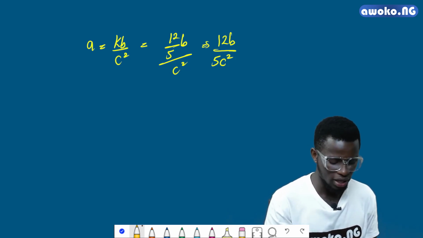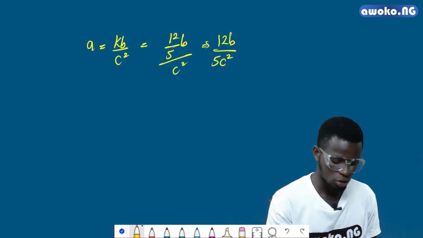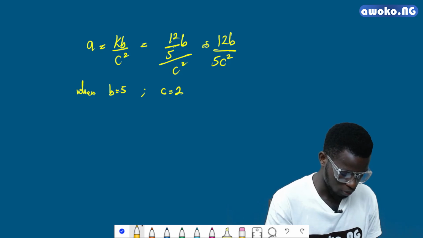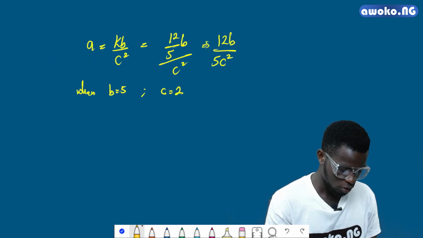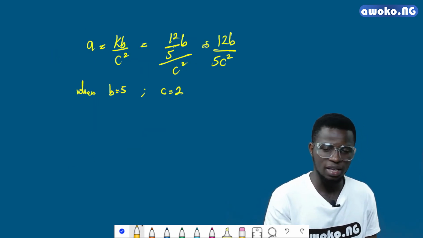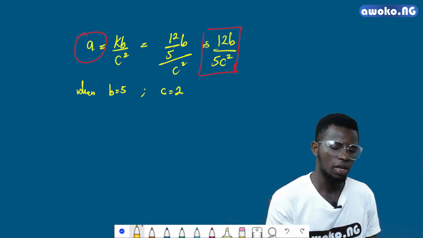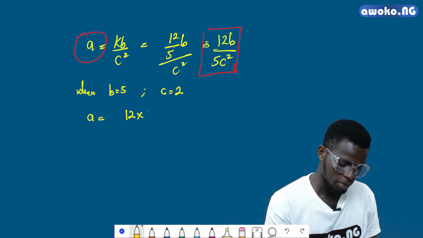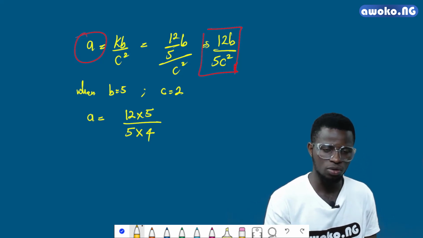The next question is to find the value of A when B is equal to 5 and when C is equal to 2. Yes, when B equals 5 and C is equal to 2. So we have to substitute the values of B and C into this particular expression so as to get the value of A. So we have A equal to 12 times 5 all over 5 times C squared, which is 4. 2 times 2 is 4.